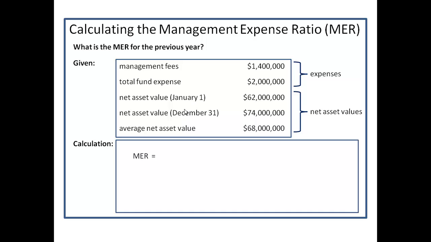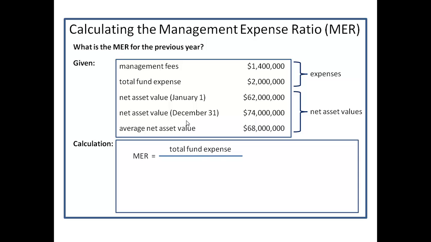So the MER is always based upon the total fund expense. In cases like this, if you're given management fees plus another type of fee, you always take the total for the year in calculating the MER.